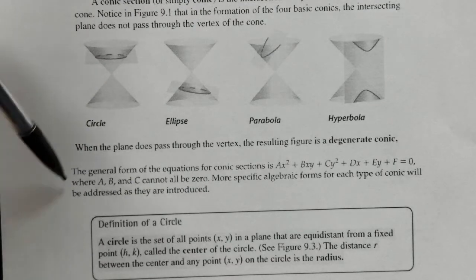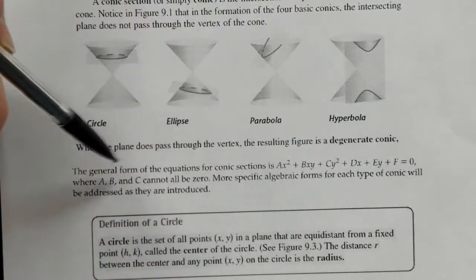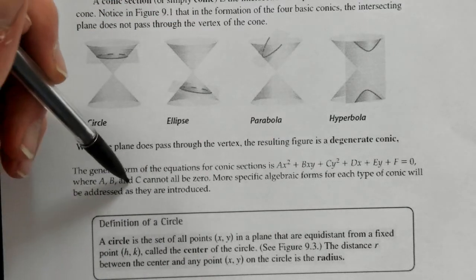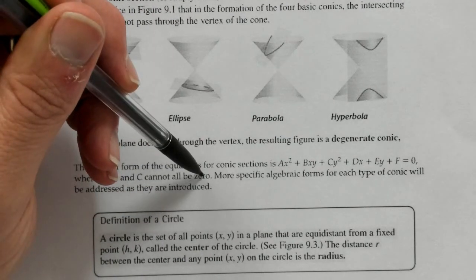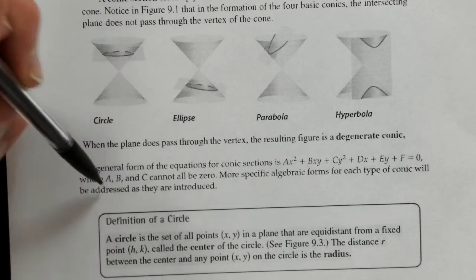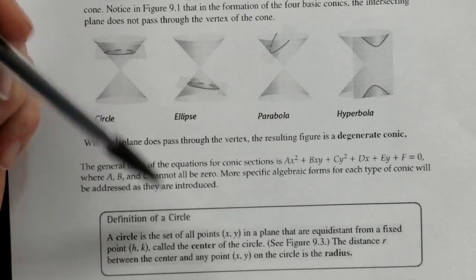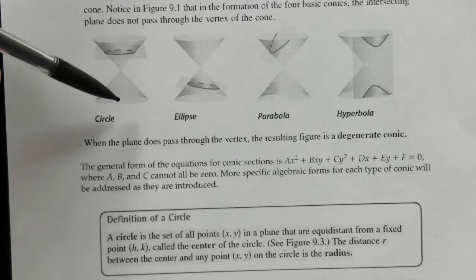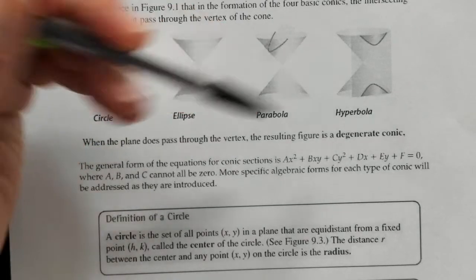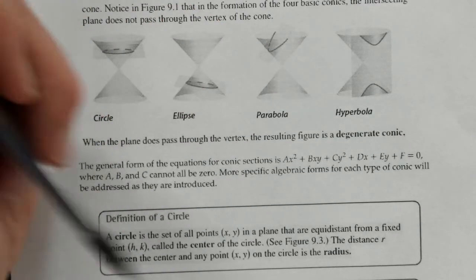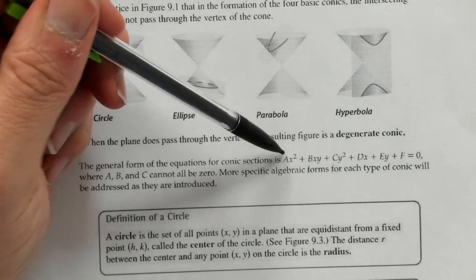In order for this equation to produce a conic, a, b, and c cannot all be 0. If all three of them are 0, then you don't produce a conic anymore. Once we cover a section on each of these specific types, we'll go back and cover this equation a little more in depth.